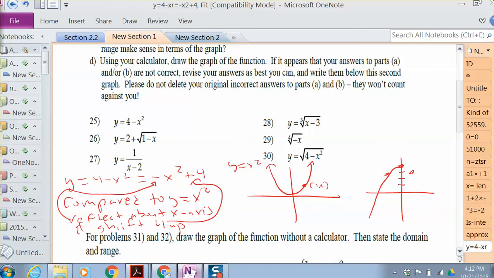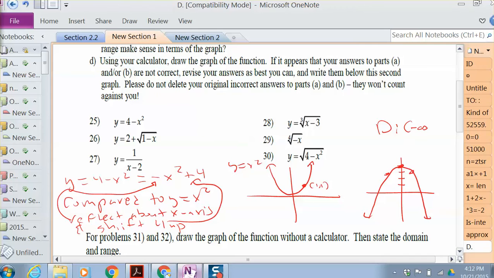And so my graph looks like that. The domain here is all real numbers. And of course the range will be from negative infinity to 4, because it does go down forever, but stops at 4 at the high point. So that's how 25 looks.